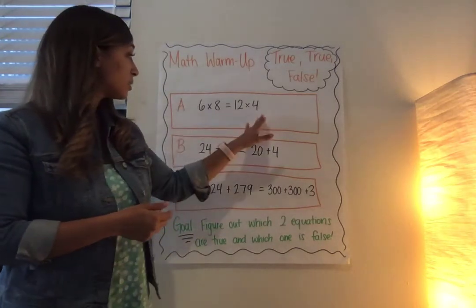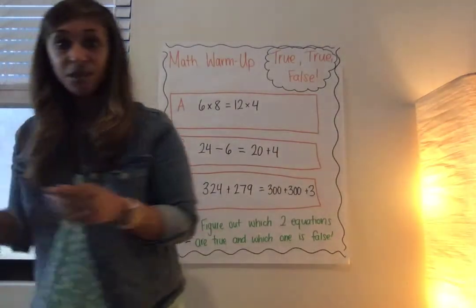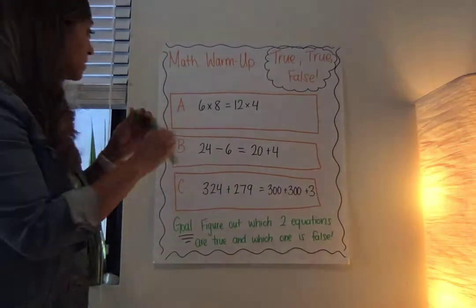And so we could check this one here, some ways to solve these problems. I'll explain some of the strategies we've used in the classroom too. So we have 6 times 8.